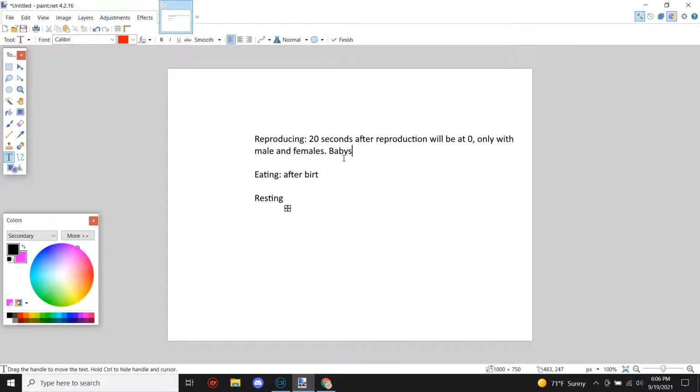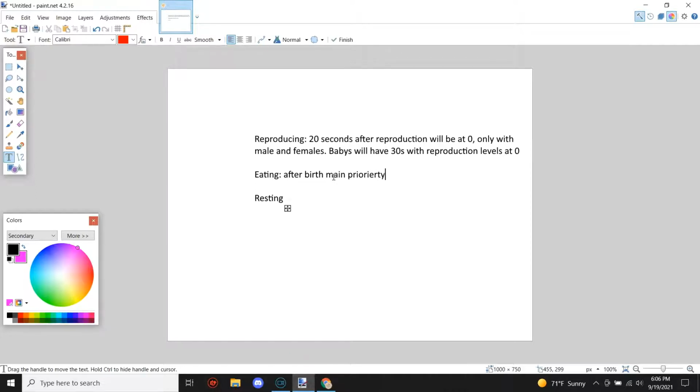Babies will have 30 seconds with reproduction levels at 0. Okay, and after birth, main priority. Obviously, when you're birthed, you are quite hungry. I presume that is the main priority.